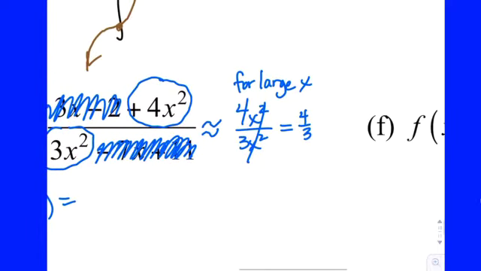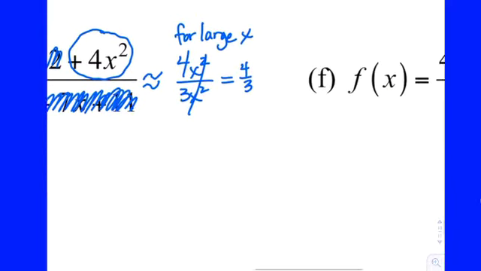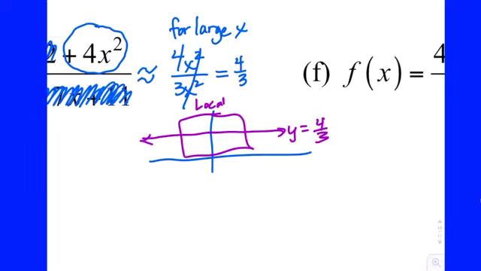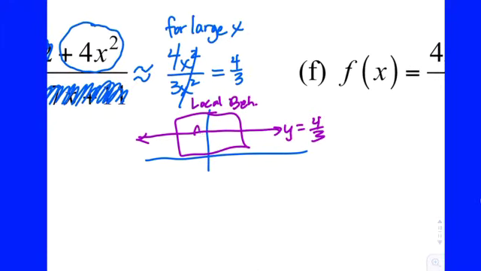So what we're saying is, for large values of x, this function begins to look more and more like y equals 4/3. What does the graph of a constant look like? It's a horizontal line, yeah. So all of this right here would be the local behavior that this function would have, but as we zoom into outer space, we would not see it. There might be a vertical asymptote, there might be a hole, there might be a jump, something like that.